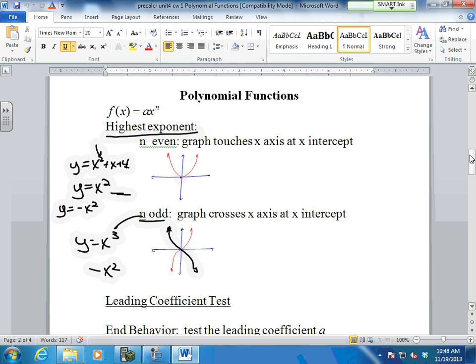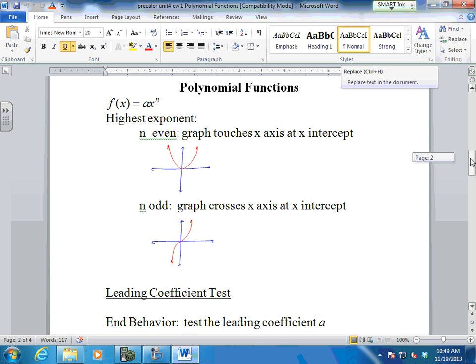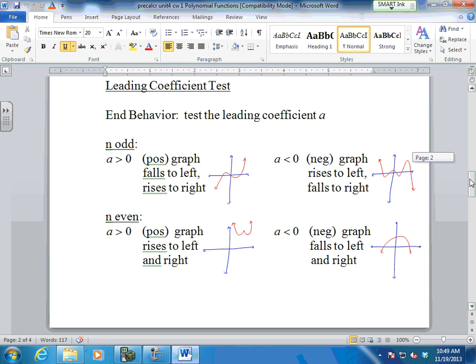Now, we have a leading coefficient test that we do for this. And I gave you this in your notes. So, let's say y is equal to x cubed plus something or other.